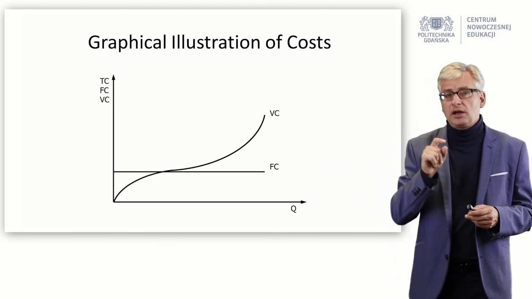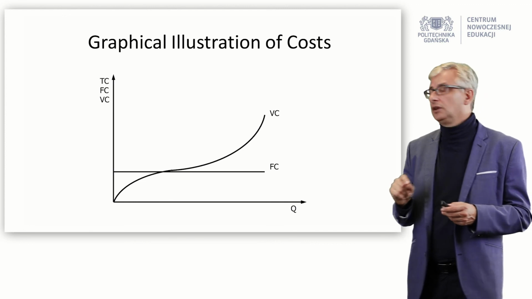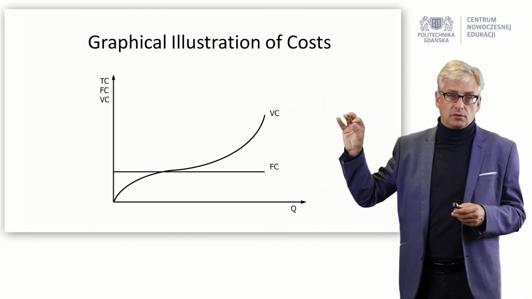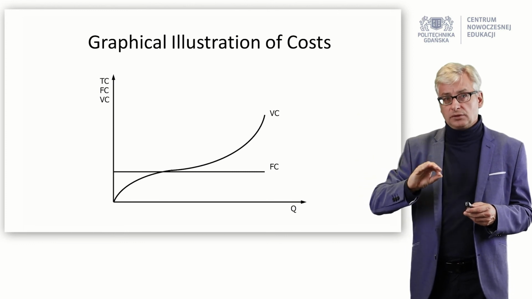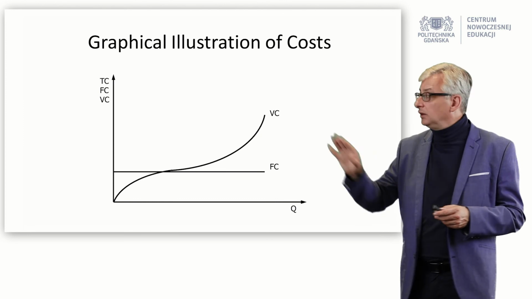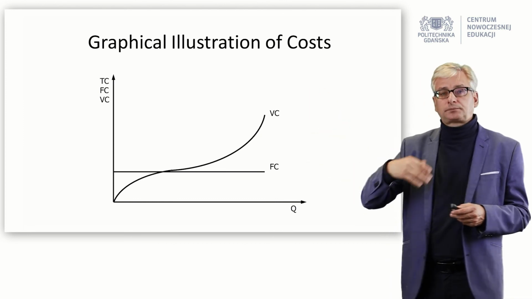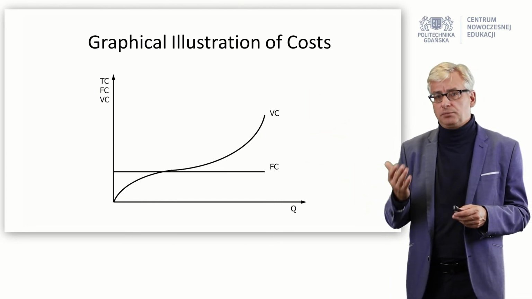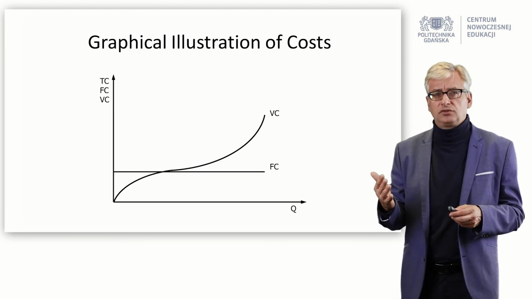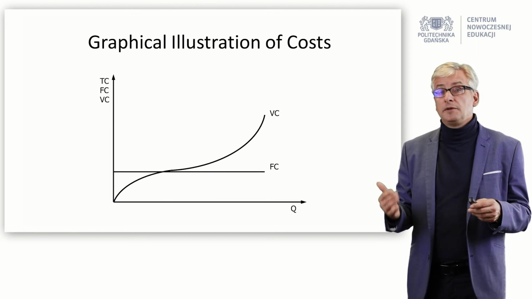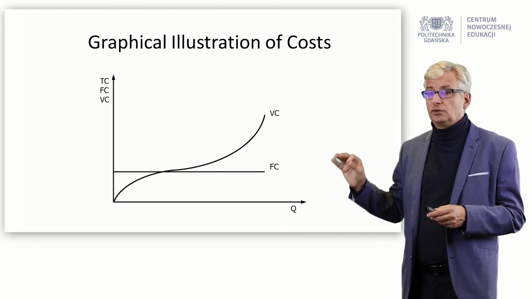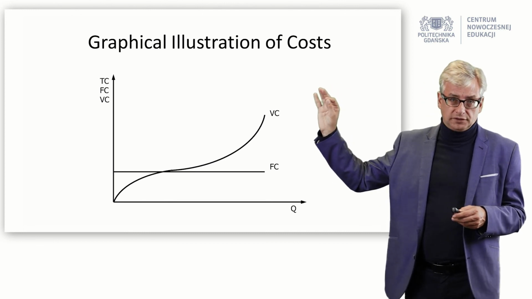Then you've got variable costs. As I mentioned, if you produce nothing, those variable costs are zero. Then they start growing. They start growing more and more slowly in the first part. And after exceeding a certain point, and this point is different for different businesses, for different industries, for different markets, those costs start to grow faster and faster.